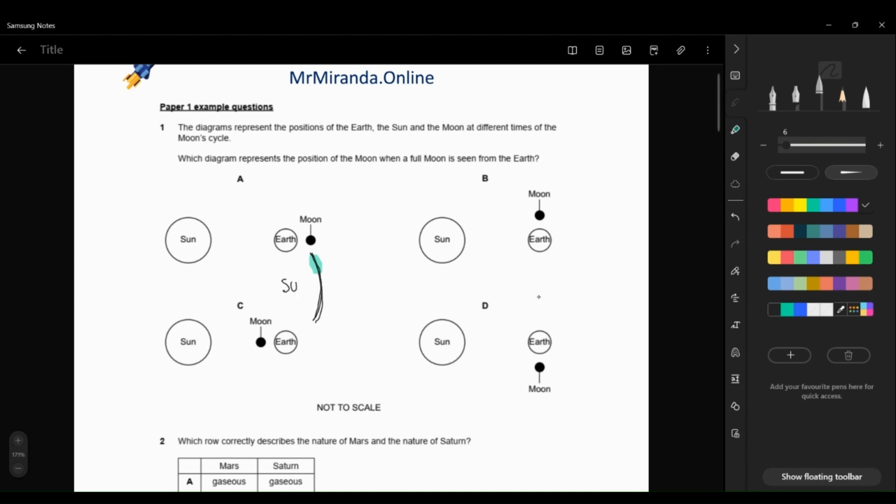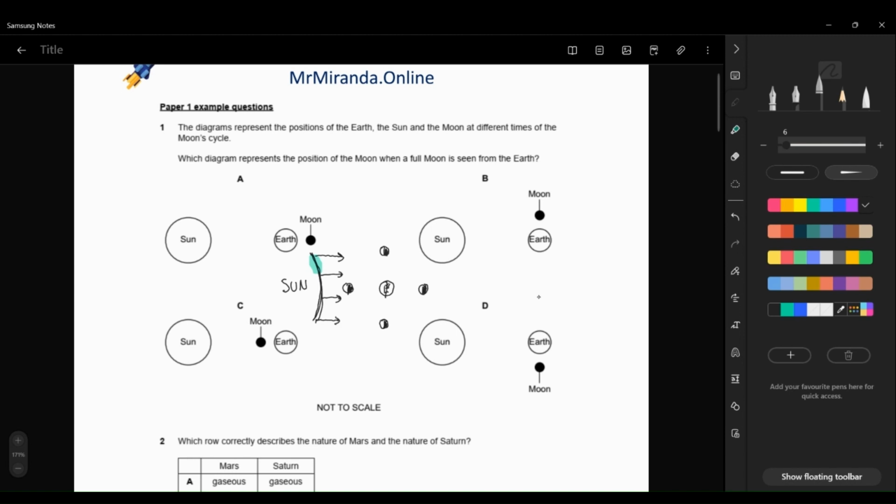So let's say that this is the sun, this is the Earth, and now I'm going to put the moon on position A, position B, position C, and position D. If you see the sunlight coming from the left to the right, obviously the side of the moon that is going to be lit on this diagram is always going to be on the left.